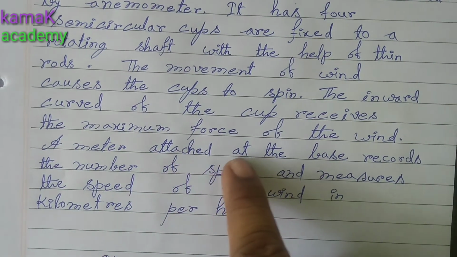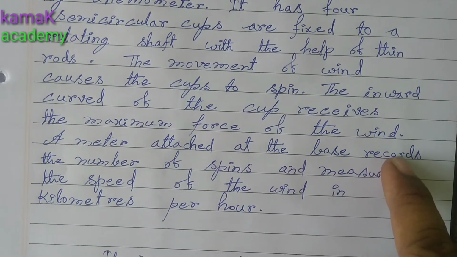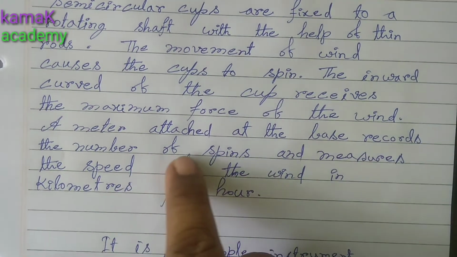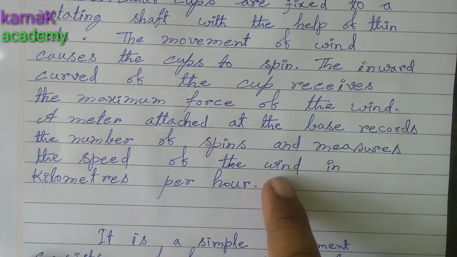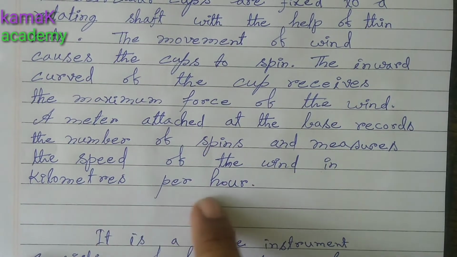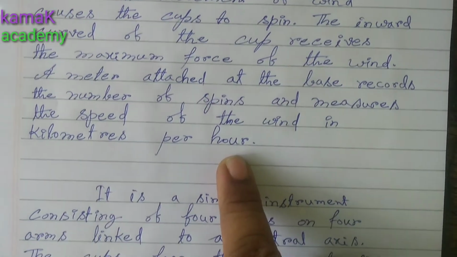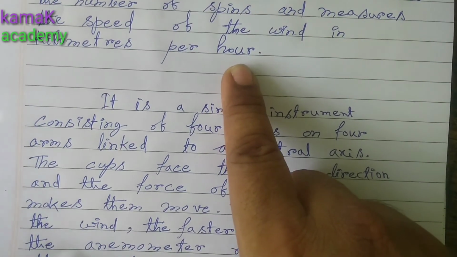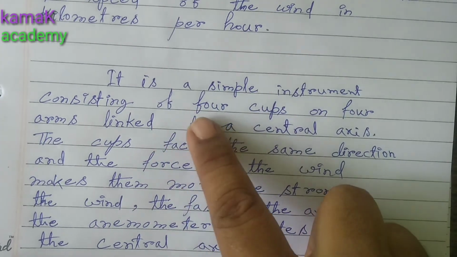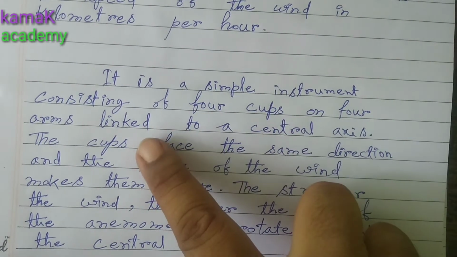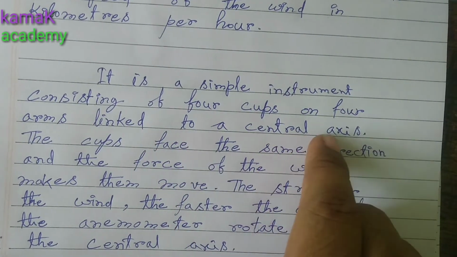A meter attached at the base records the number of spins and measures the speed of the wind in kilometers per hour. Come to next para. It is a simple instrument consisting of four cups on four arms linked to a central axis.